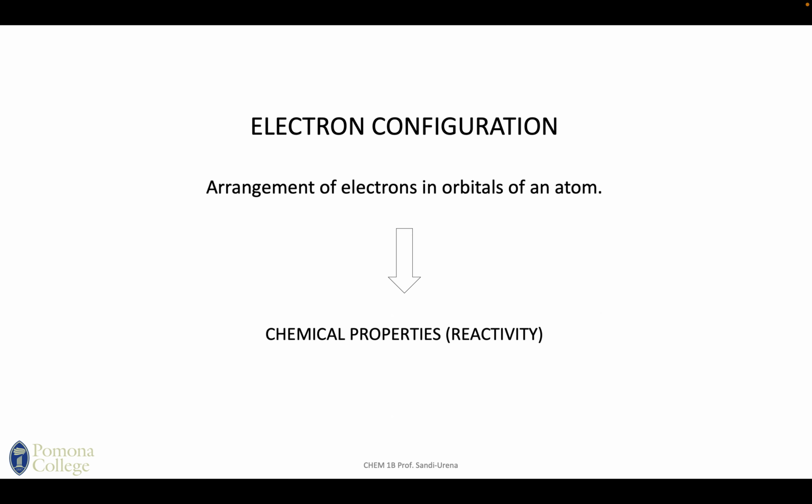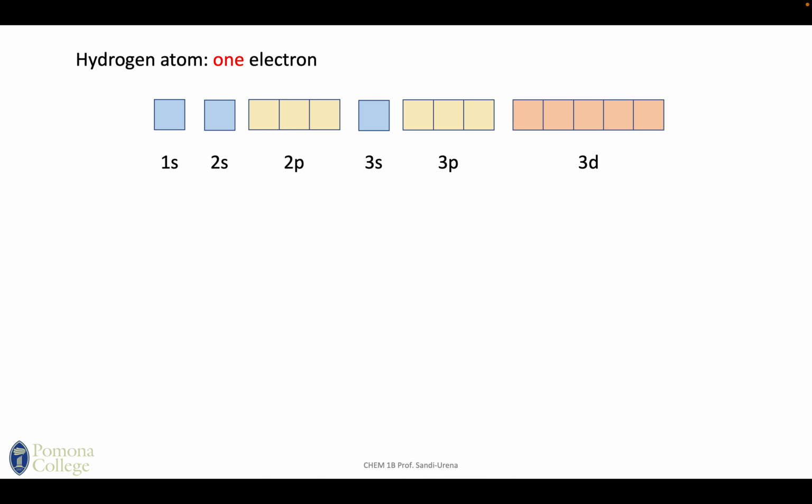Why is this relevant? We constantly ask ourselves, why are we learning this in this chemistry class? This is important because if we understand the energy of the electrons, the energy of the orbitals that they occupy, we know where they are in the atom, and we're going to be able to predict and explain their chemical behavior.